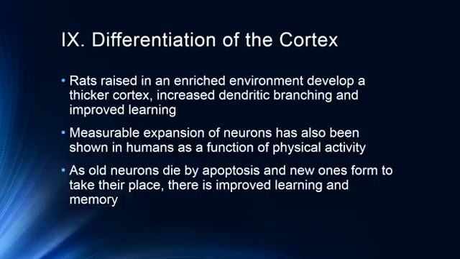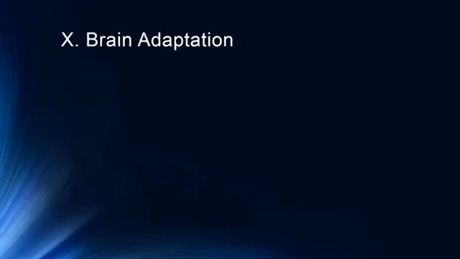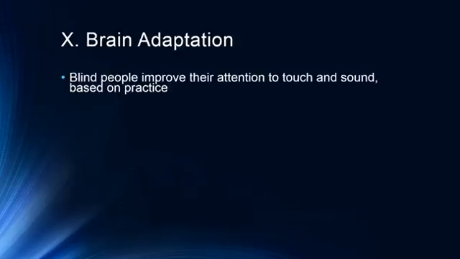So it's important to understand that apoptosis, that is loss of old neurons, and formation of new neurons and formation of new connections, is part of learning and memory. So this is a particularly important part of understanding how our memories are formed, is through the development of new neurons and new connections. Important to understand our brains are really adaptive, particularly the younger we are.